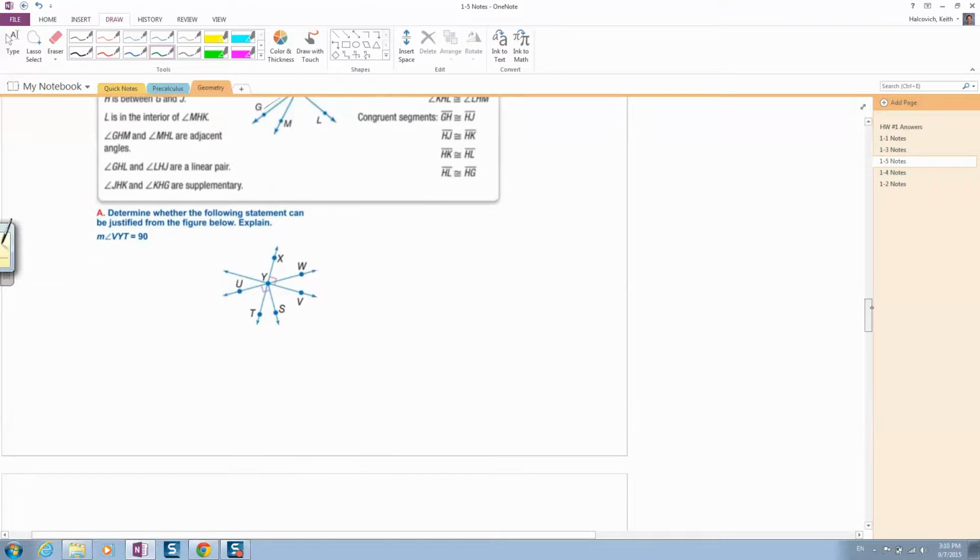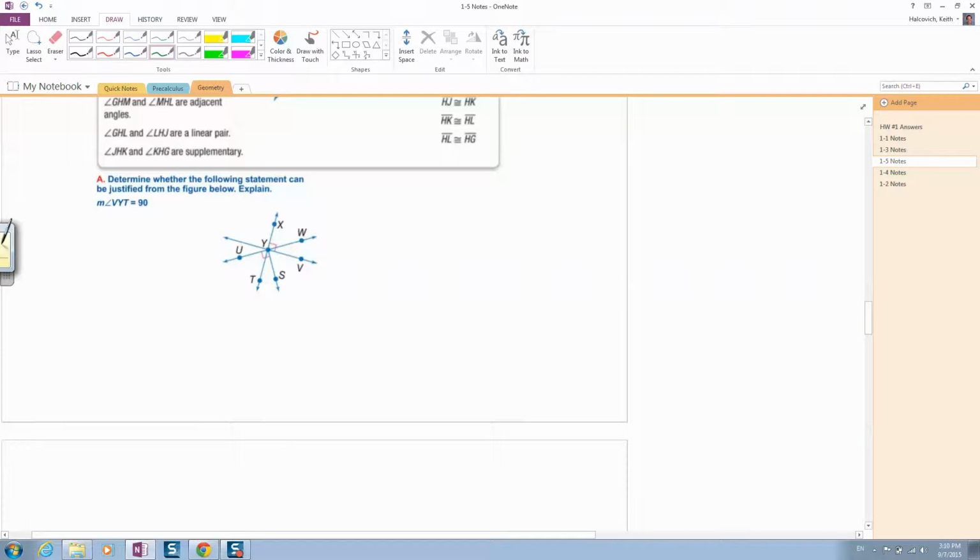So looking at this picture here, can you assume that this is a right angle? So you'd see VYT. Is this a right angle here? And the answer is you can assume it yes, because of this right here, you know that line XT is perpendicular to line VU. So that makes this a right angle here.